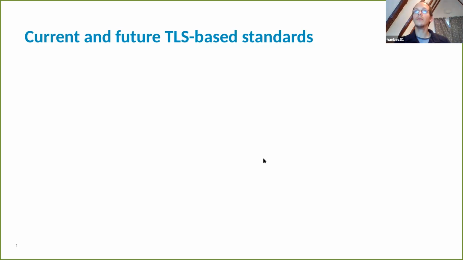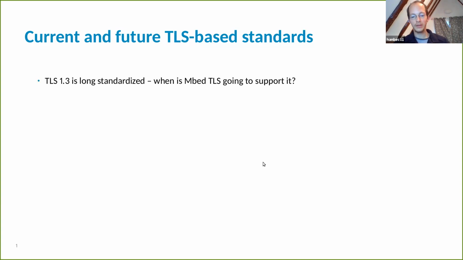So just an overview to begin with of current or future TLS standards that we might or might not want to support at some point. Of course, TLS 1.3, you can really not call this new, but it's not yet supported in Mbed TLS, as we know. DTLS 1.3 is actually not yet standardized, but we are getting close to standardization.